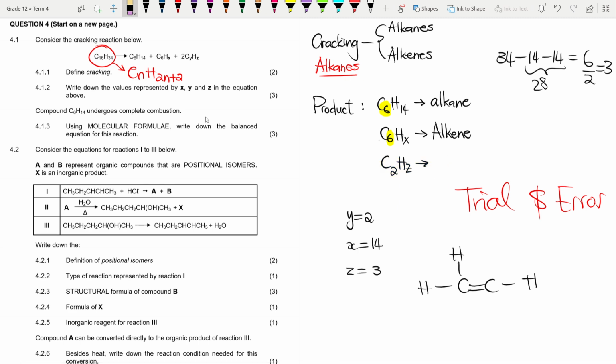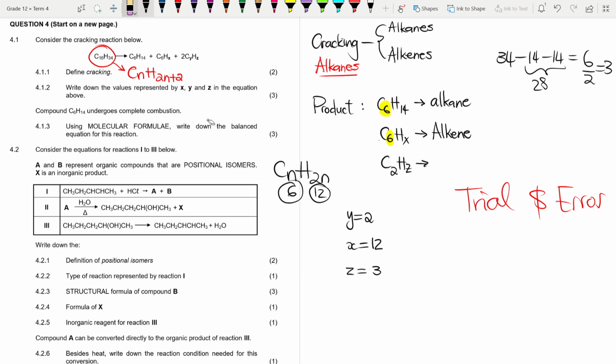So that's how we figure out that X is an alkene. Then if X is an alkene, it should be 12, because the formula for alkenes is this. So if that's 6, that is 12. It's still trial and error, but hopefully now we get it right.